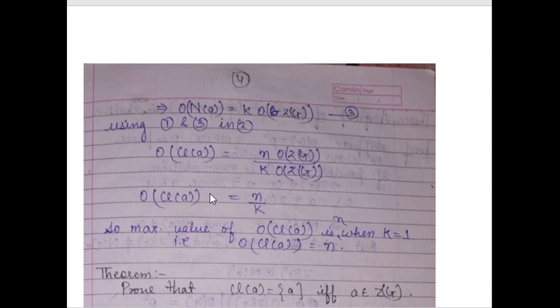This will give you the order of the class of A is equal to n by K. So the maximum value of the order of Cl(A) is n when K is equal to 1. Otherwise, it will be less than n.